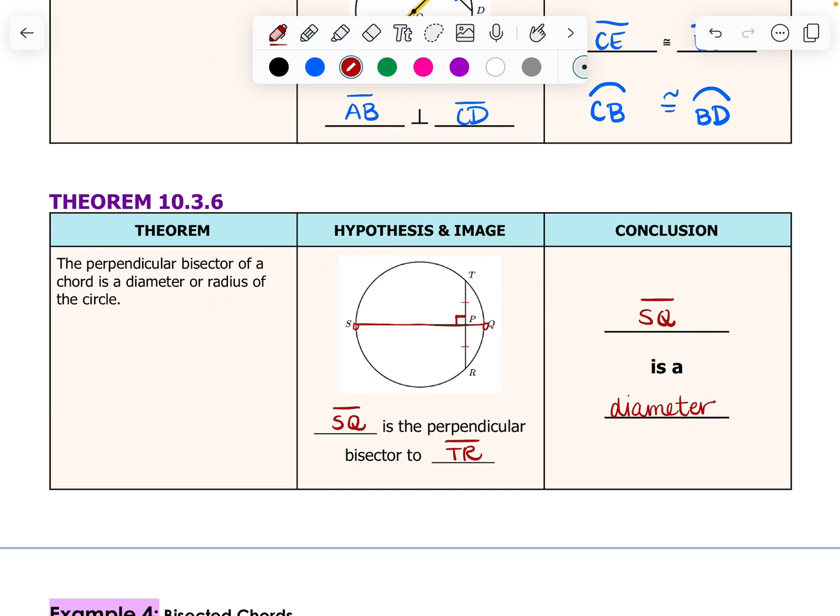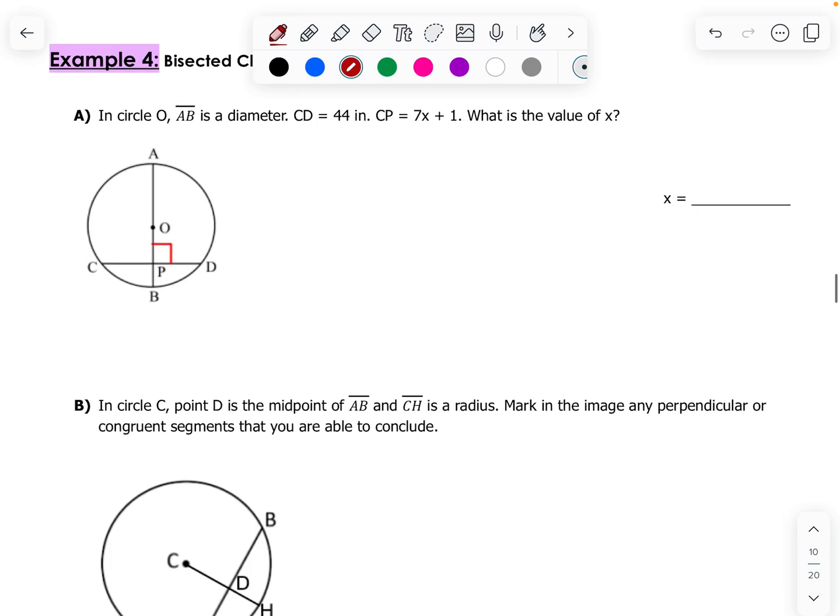All right, we're going to do just a couple examples with these, and then we'll be done with notes. Here it says in circle O, segment AB is a diameter, so we know that to be a fact. It says that CD is equal to 44 inches, CP is equal to 7x plus 1. What is the value of x?